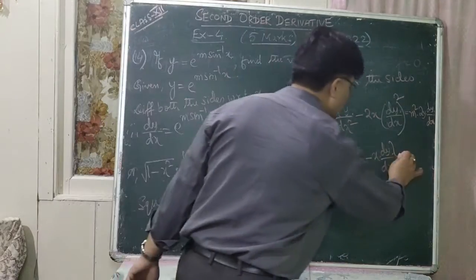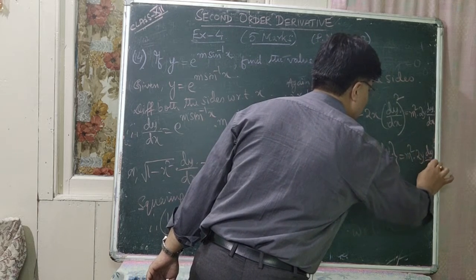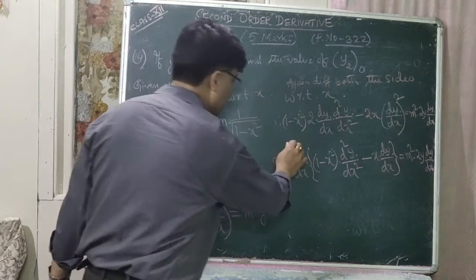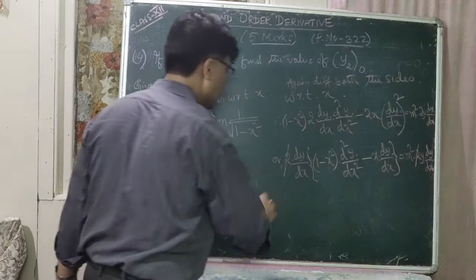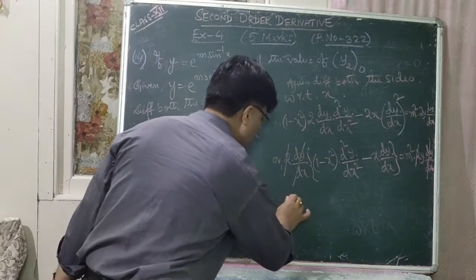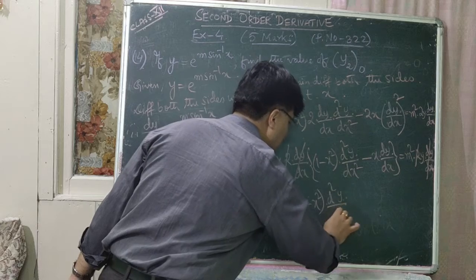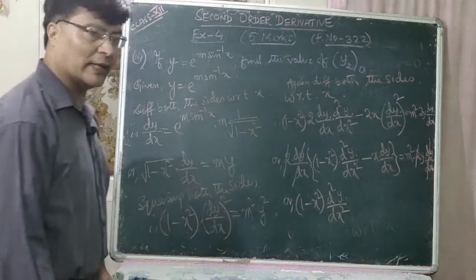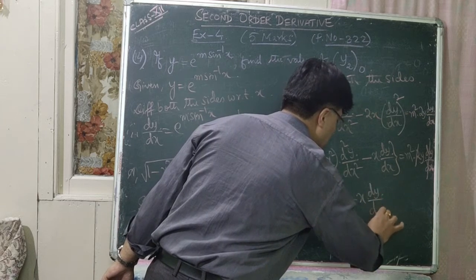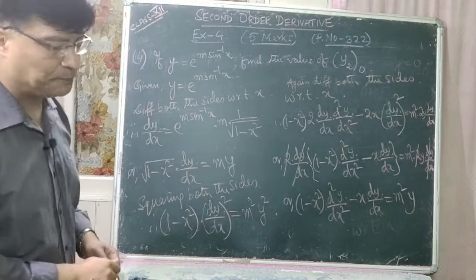Which is equal to m square into 2y into dy by dx. So I think you have understood it. Here these 2 get cancelled, and also dy by dx will be cancelled, right? So what do we get now? 1 minus x square into d2y by dx square, then minus x dy by dx, which is equal to m square y.